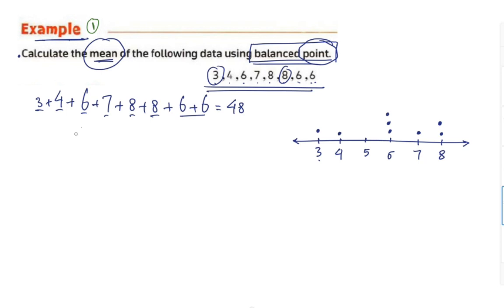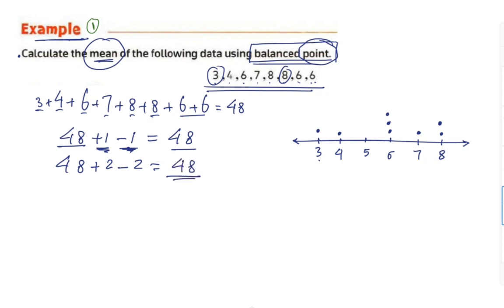Now 48, if you add 1 and subtract 1, what? I add 1 and at the same time subtract another 1. It's equal to the same number, right? If you add 2 and subtract 2, you will get the same number without any change. Okay? Why do I say this trick?